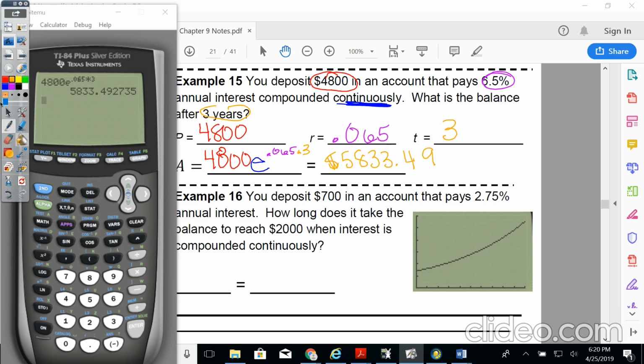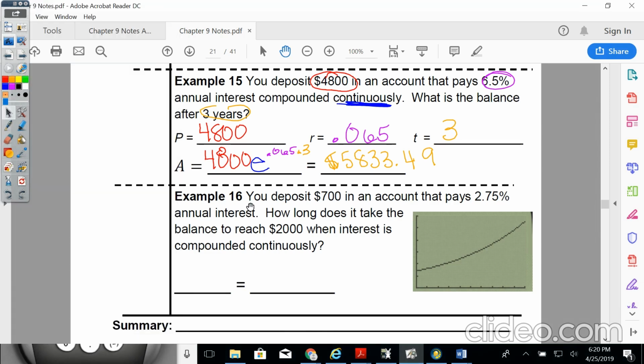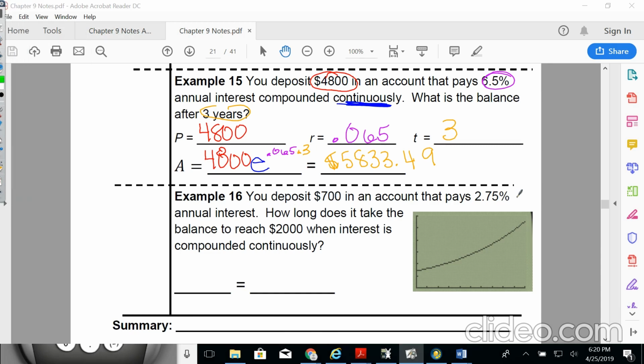All right, so the last one is using the calculator to find the intersection. It doesn't really help us by labeling it, but we can reason through what these numbers are. You deposit $700 in an account that pays 2.75% annual interest. How long does it take for the balance to reach $2,000 when compounded continuously? I'm going to put the 2,000 here because that's what I'm looking for.